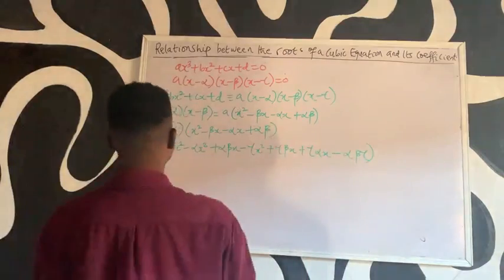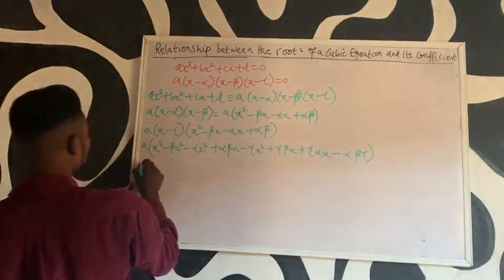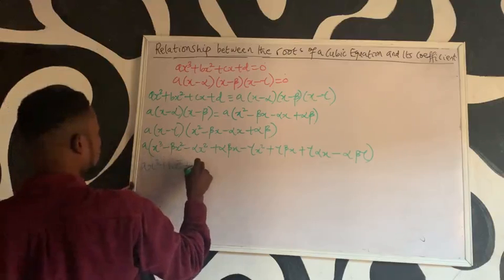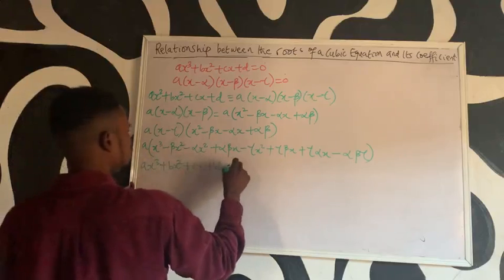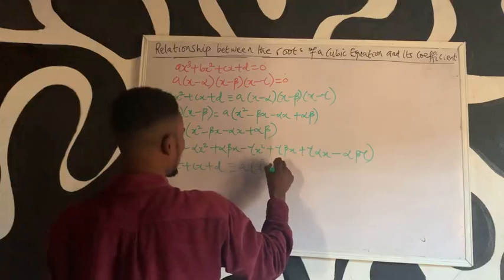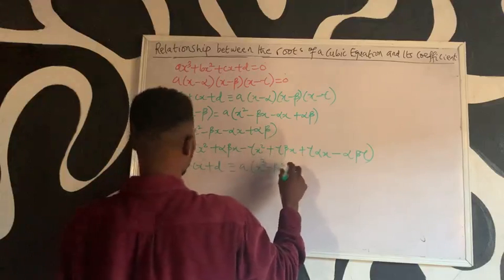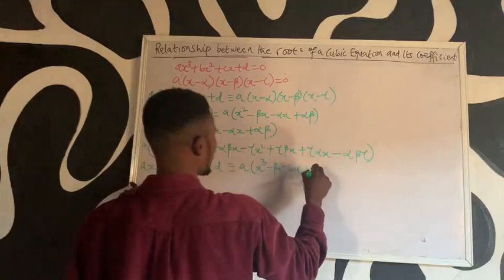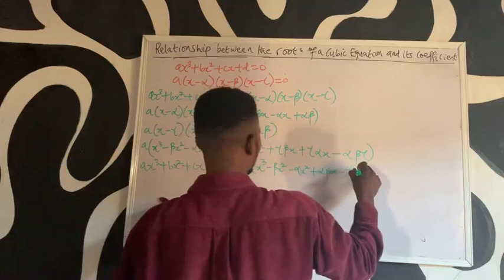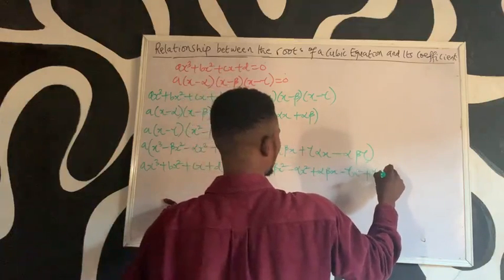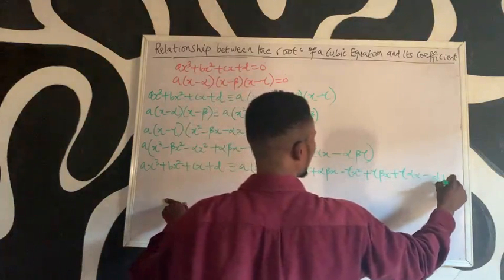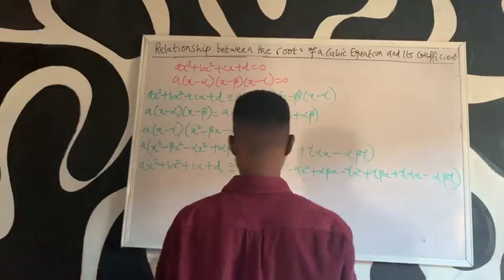So that implies that the general form of the cubic equation ax cubed plus bx squared plus cx plus d is equivalent to a into bracket x cubed minus beta x squared minus alpha x squared plus alpha beta x minus gamma x squared plus gamma beta x plus gamma alpha x minus alpha beta gamma.